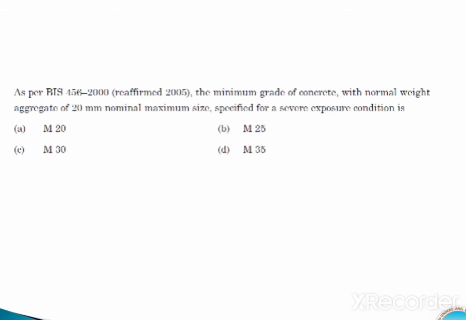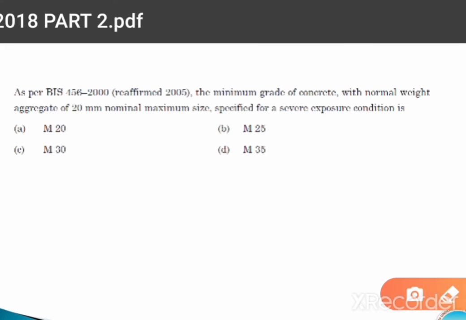Proceeding to the next question. As per IS 456:2000, the minimum grade of concrete with normal weight aggregate of 20 mm nominal maximum size specified for a severe exposure condition is. The correct answer for this question is M30.